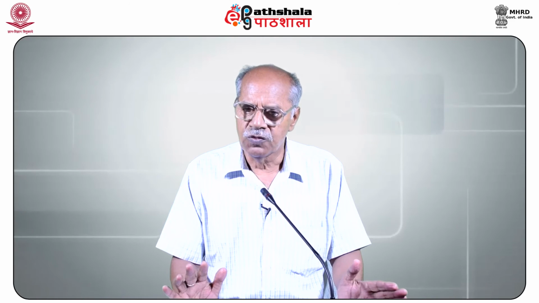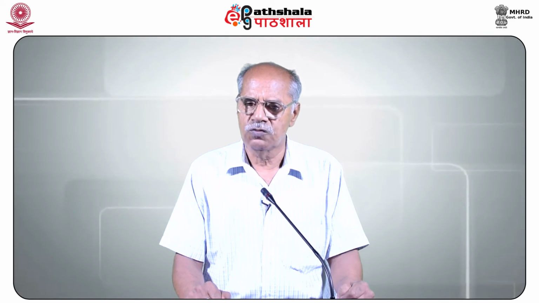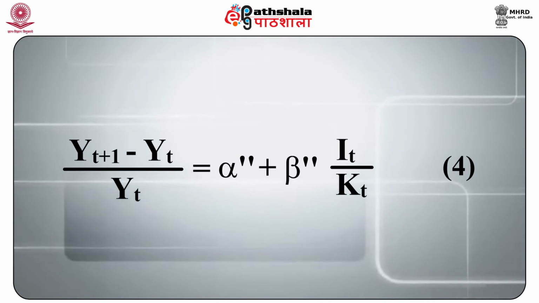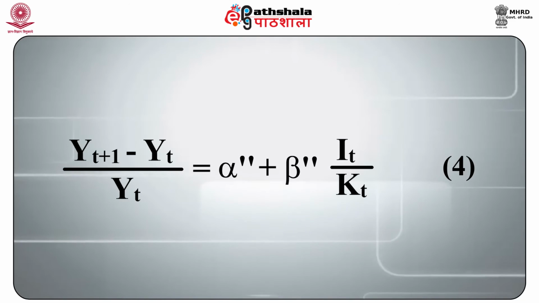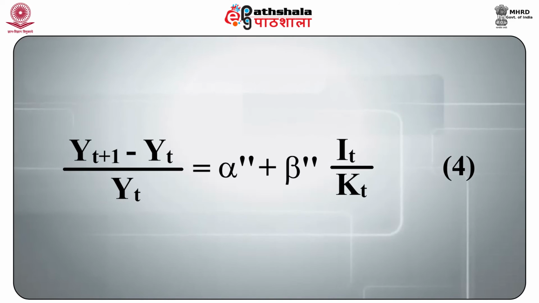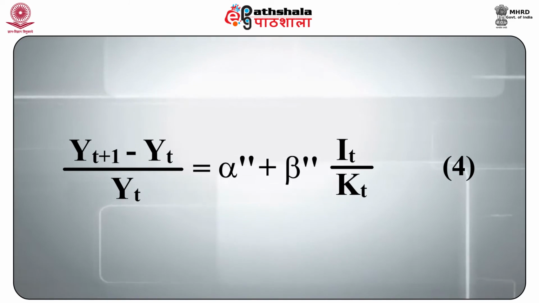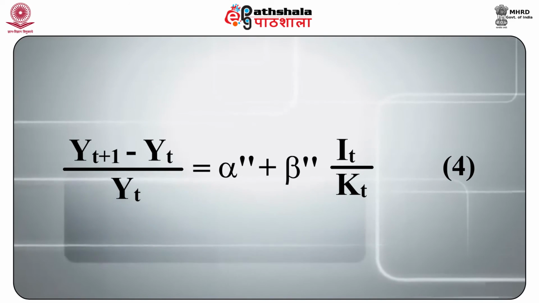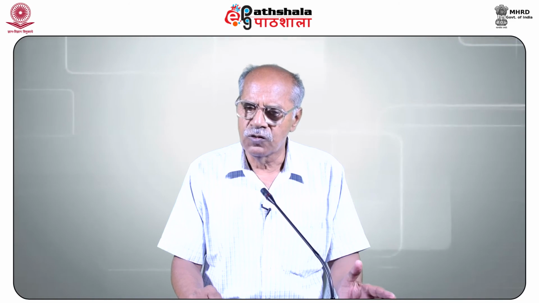Now we come to equation 4. Equation 4 is the equation of technical progress, which is written as Yt plus 1 minus Yt divided by Yt is equal to alpha 2 dash plus beta 2 dash multiplied by It upon Kt, where alpha 2 dash is greater than 0 and beta 2 dash lies between 1 and 0. The left hand side is the rate of growth of income or productivity.